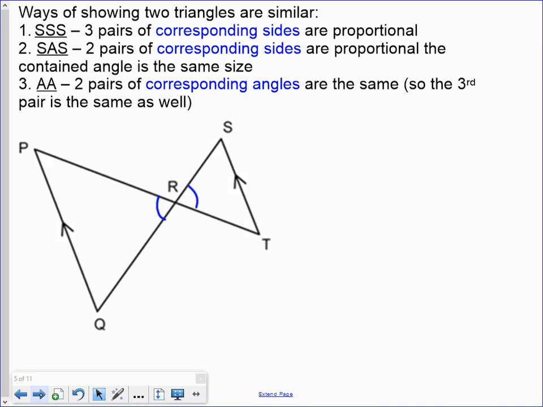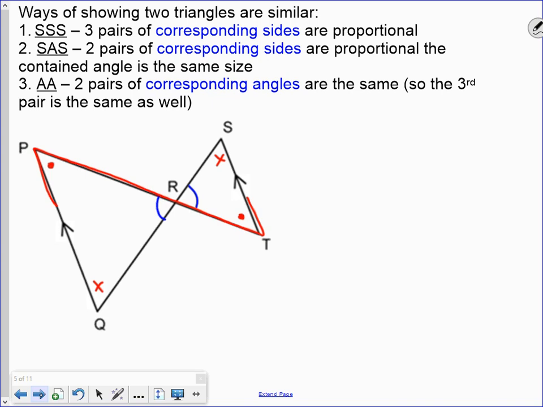And because PQ and ST are parallel to each other, we could draw a little Z pattern. Then we know that this angle here, P, and this angle T are going to be equal to each other. Once two angles are the same, we know that the third angle is going to be the same in each one as well. So we have three pairs of angles here that are all the same size.